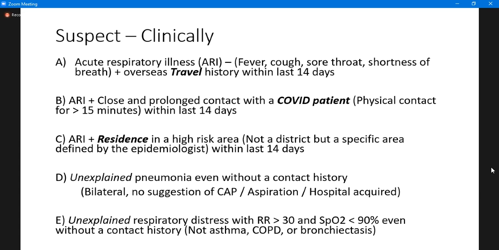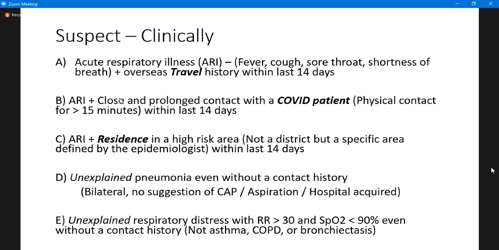And we will open our ports, we will open our airports, and people will come from overseas and be in the community. So when you see patients with ARI, and if you want to make a decision, check whether there has been overseas travel to any country over the past 14 days.